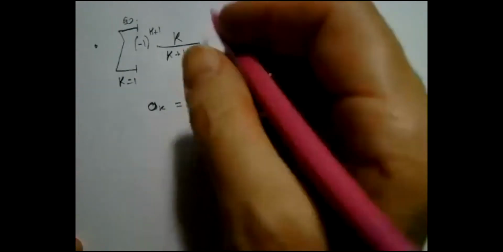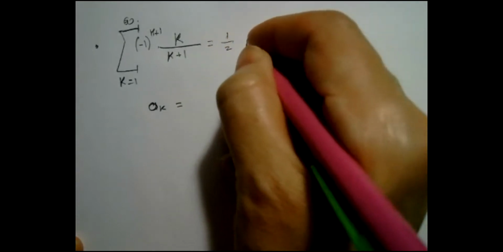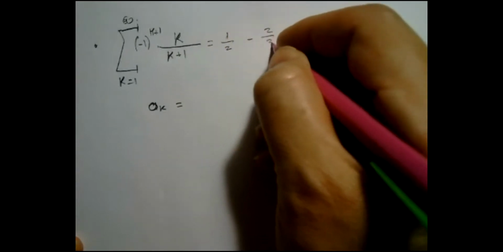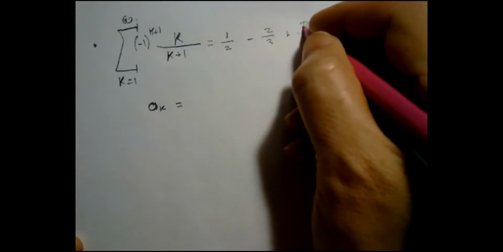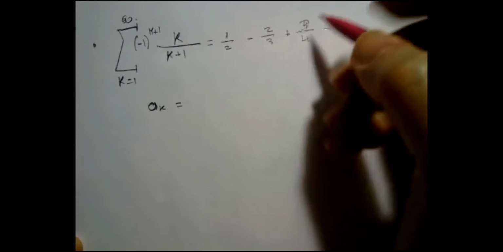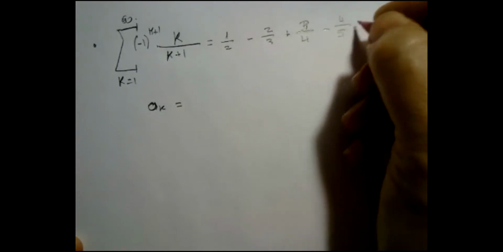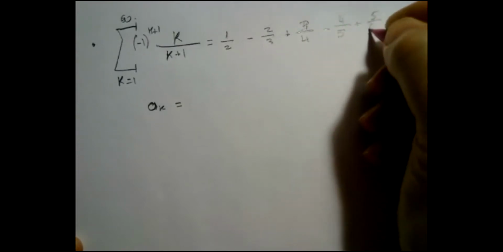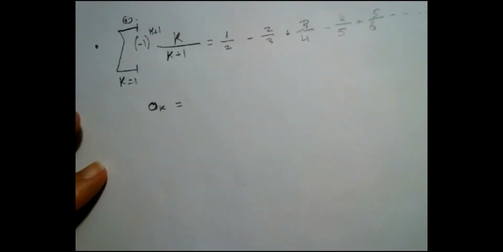In an alternating series, the a_k represent what? So this is what I have here: 3/4 minus 4/5 plus 5/6, and so on.